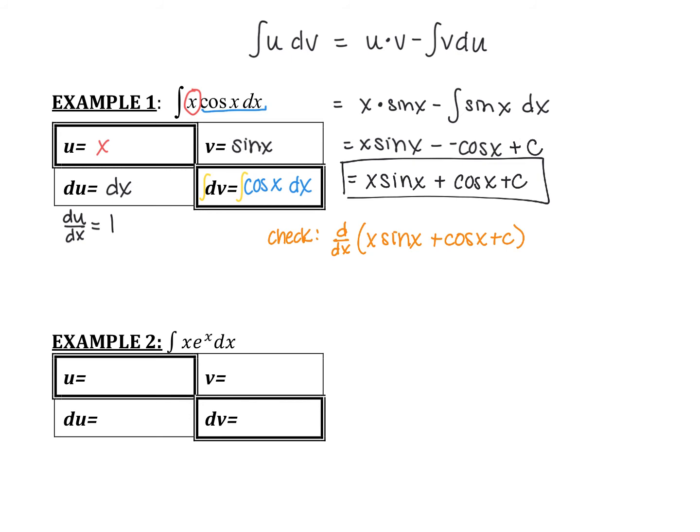This would have a product rule, so I'd do the derivative of the first times the second plus the derivative of the second, well, the derivative of sine is cosine, times the first, plus the derivative of cosine of x, which is negative sine of x, and the derivative of c is just 0. And simplifying this, we get cosine of x times x. And you can see that we're back to what we started with originally, so I know this is the antiderivative.